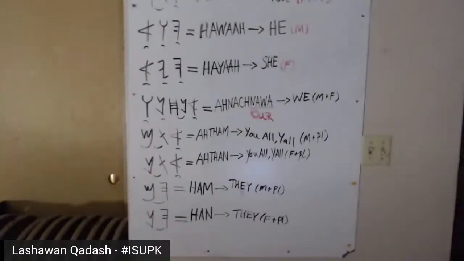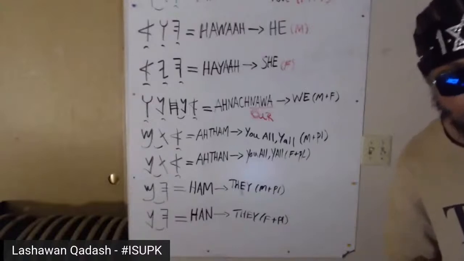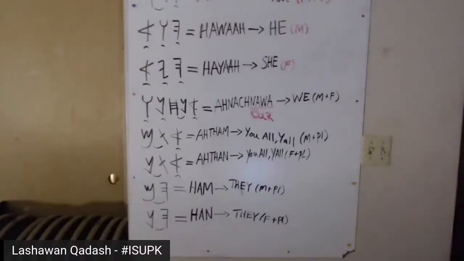Let me see. So Y-A-H, Y-A-M. Okay, I think you probably had a typo, but I still understand what you say. So Adawan is like sirs, so multiple sirs, lords and rulers.